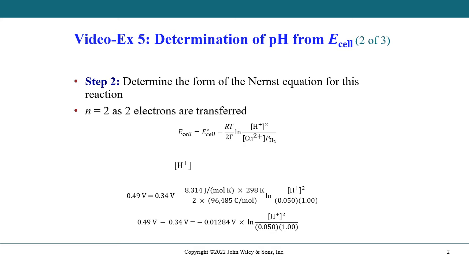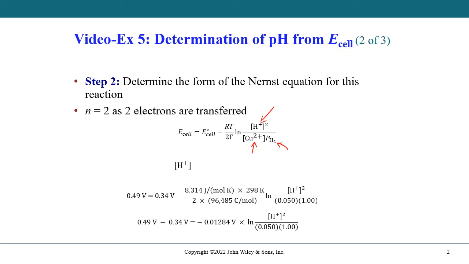And if we write the Nernst equation for the equation that we were given, we see that the copper solid is not relevant. Only the hydrogen ion concentration is relevant, the copper ion concentration is relevant, and the partial pressure of the hydrogen is relevant.